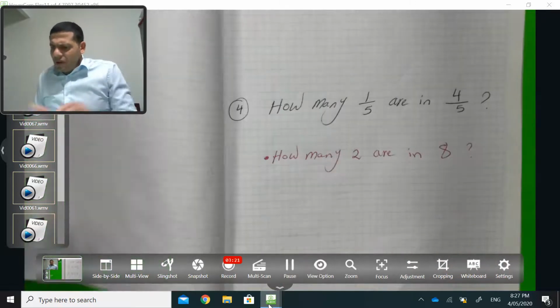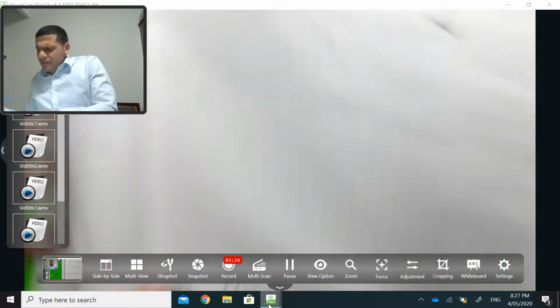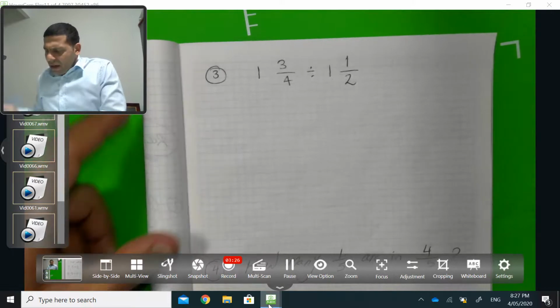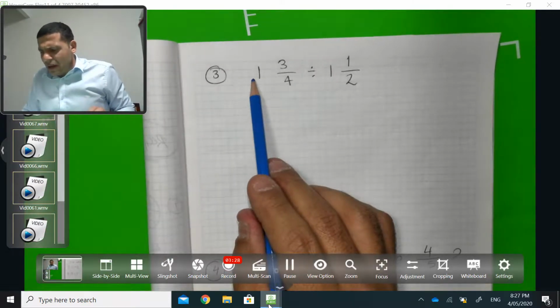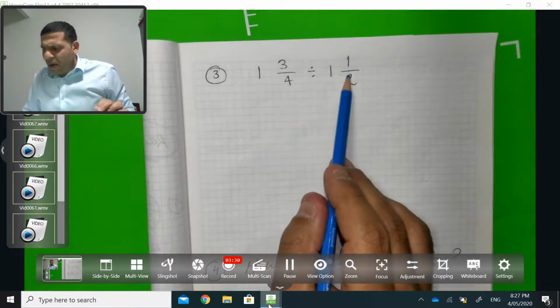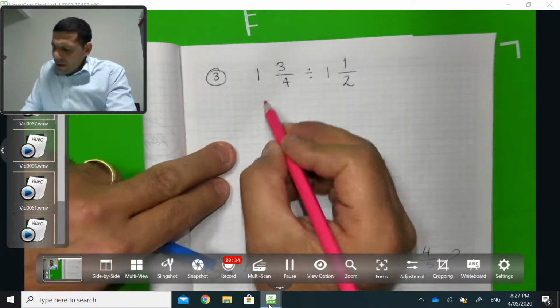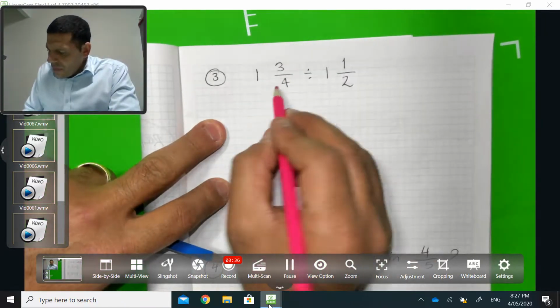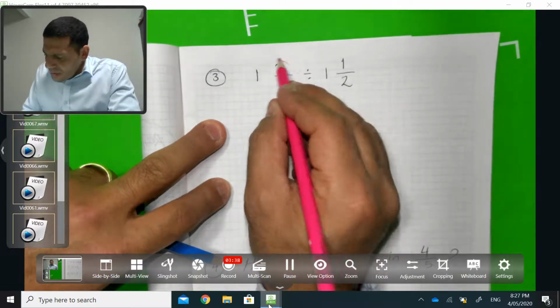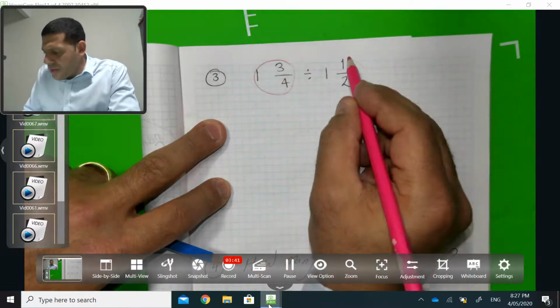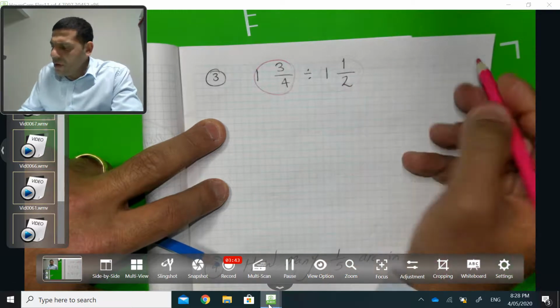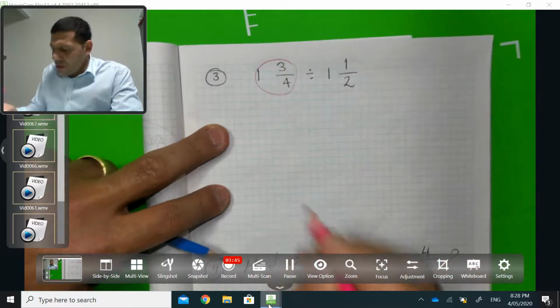We move on, guys, another example here, number 3. When you have a mixed number divided by a mixed number, how can you do it? Again, you need to change it into an improper fraction. How do you do that? 2 steps.